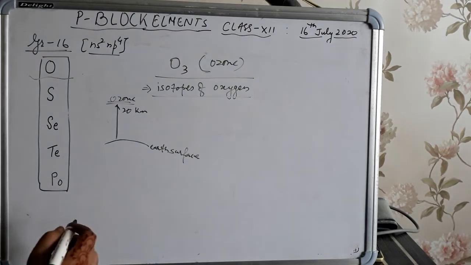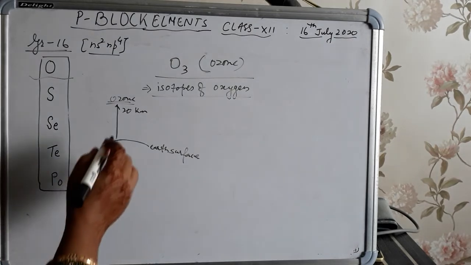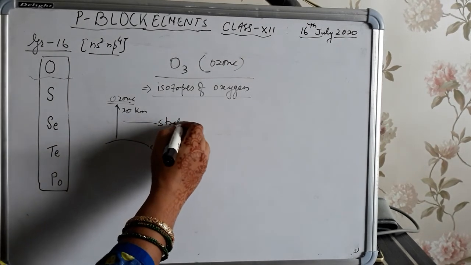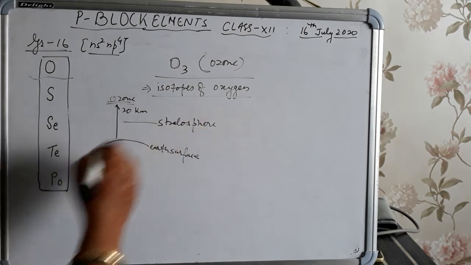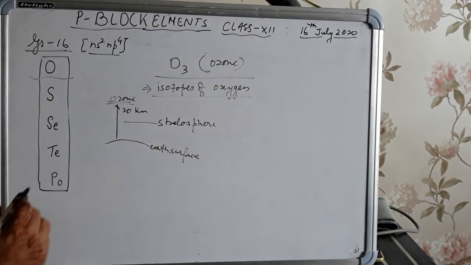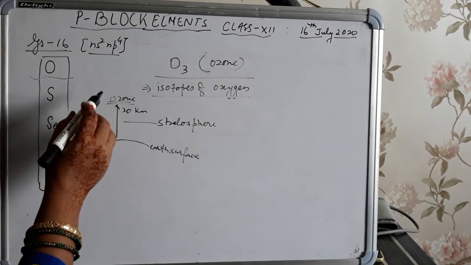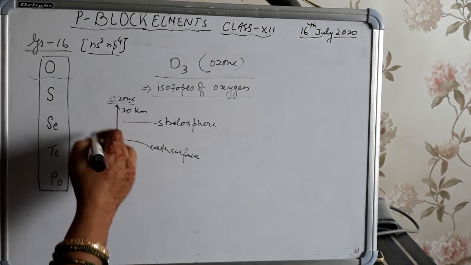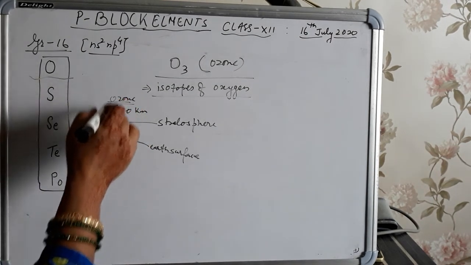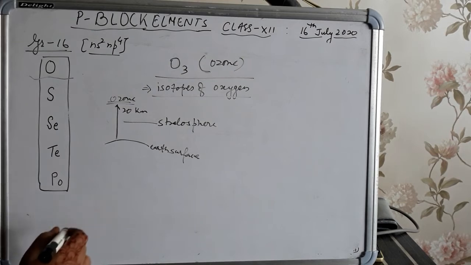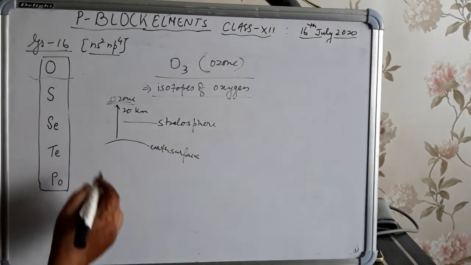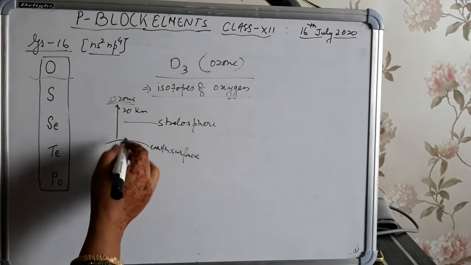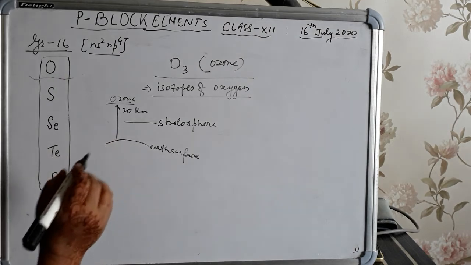This region is known as the stratosphere. Here, by the action of ultraviolet radiations on dioxygen, ozone is formed. So oxygen is present here, and whenever it is treated with ultraviolet rays of the sun, it becomes ozone, and it is present in the stratosphere region about 20 kilometers above the Earth surface.